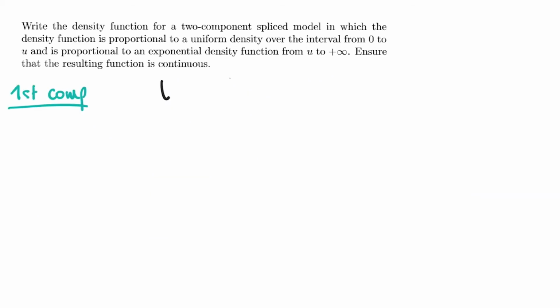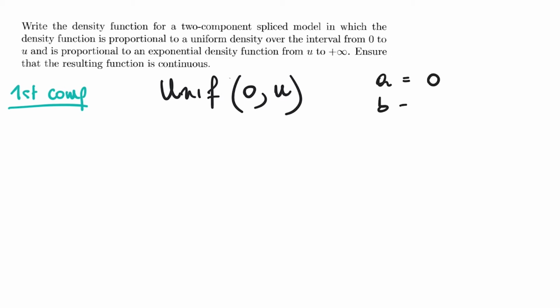So the first component is uniformly distributed on the interval from 0 to u. As we saw before, we take a equal to 0 and b equal to u. Then our density function, f1, is equal to 1 over u minus 0, which is equal to 1 over u.